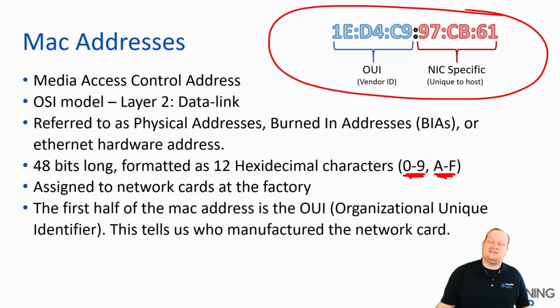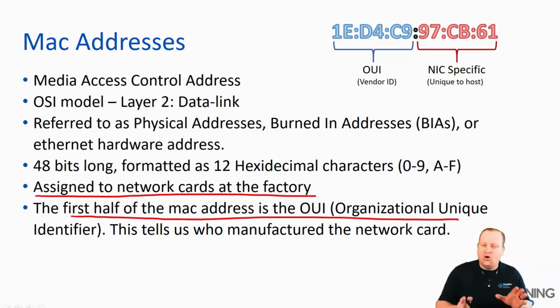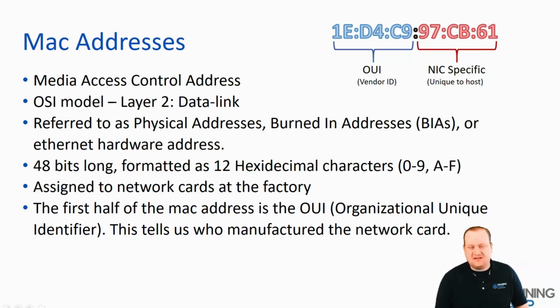That's a MAC address. Now, interestingly enough, when these MAC addresses are assigned to the cards at the factory, the first half of the address is called an OUI, Organizationally Unique Identifier. It basically tells you who made the card. So if I look at this MAC address, these first 6 hex characters are my OUI.